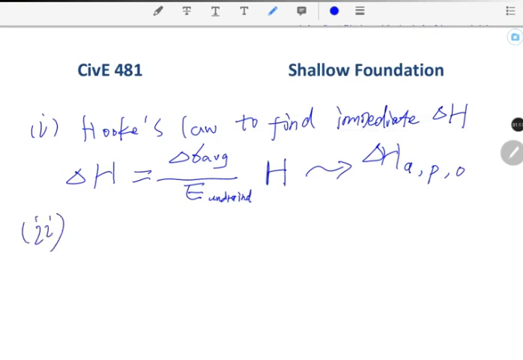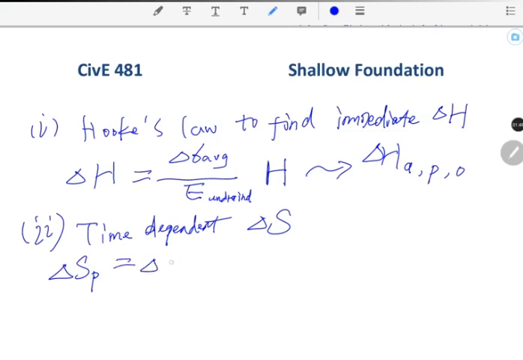And second, for time-dependent deformation, let's say delta S_t, because it's related to consolidation, we can find out the permanent settlement first, delta S_P, which is equal to delta sigma average times m_v times the thickness of the layer.